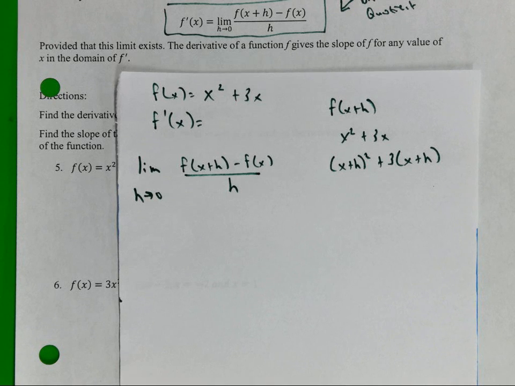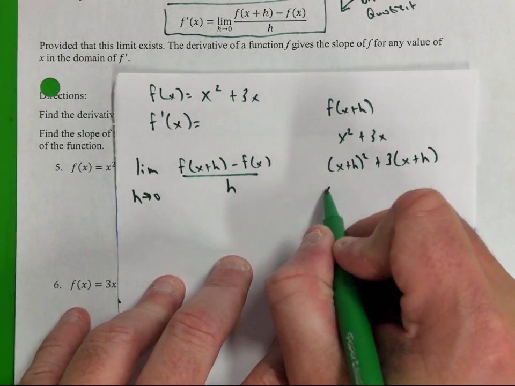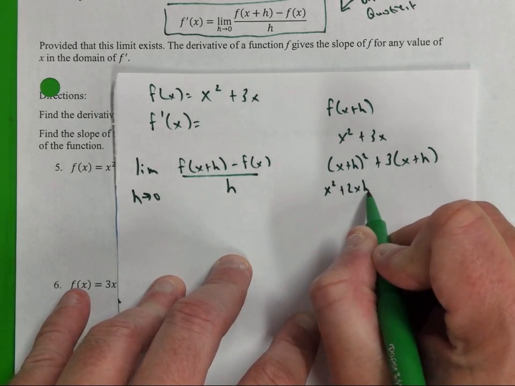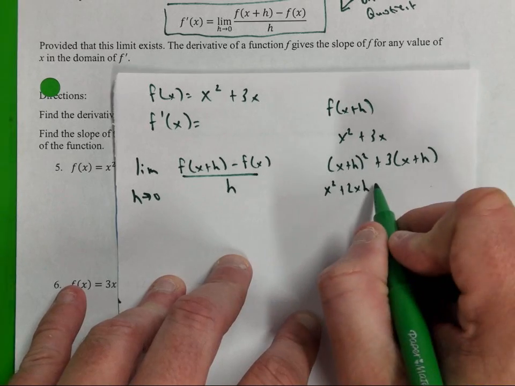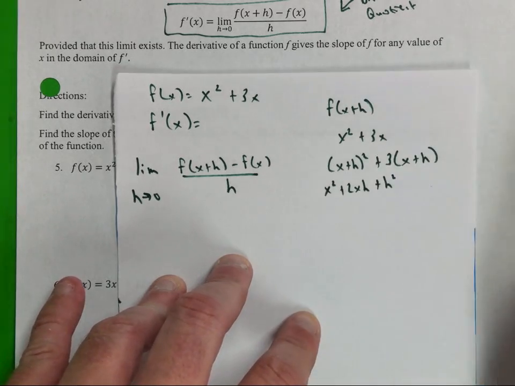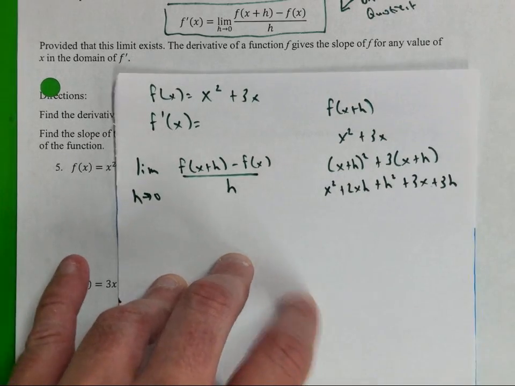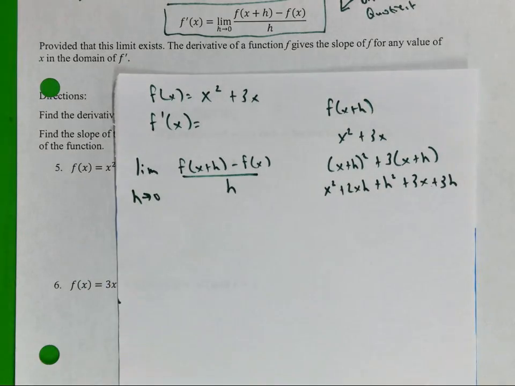Foil it out, don't I? By now, every one of you is intelligent. You should be able to do that in your head. That would be x squared plus 2xh, or you could have hx, either way is fine, plus h squared, and distribute 3x plus 3h. If you need to foil it out, foil it out. I'm not going to do that, but you know I got that.